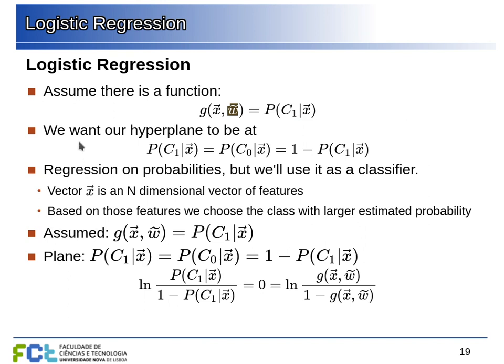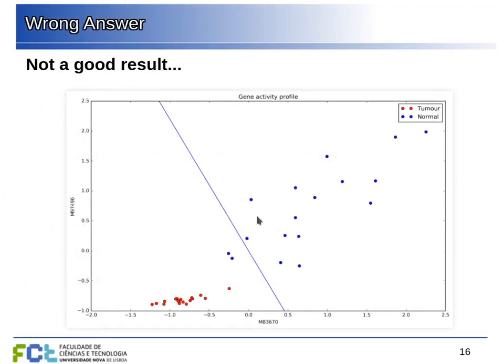Now, the discriminant, the hyperplane that separates the two classes, ideally should be at the position for which the probability of belonging to class 1 is equal to the probability of belonging to class 0. So the idea is that points on this side have a higher probability of being in class 1, points on this side have a higher probability of being in class 0, but somewhere here in the middle we have exactly the same probability of being class 0 or class 1.